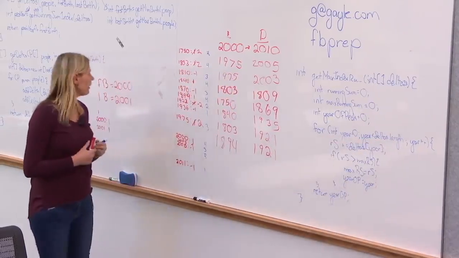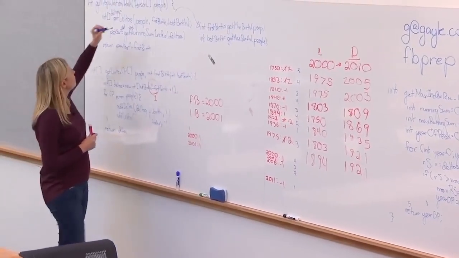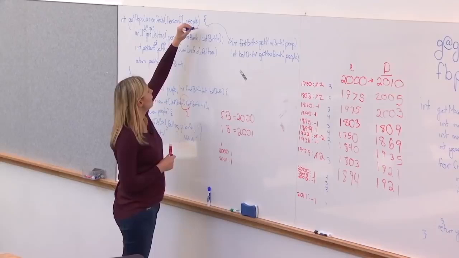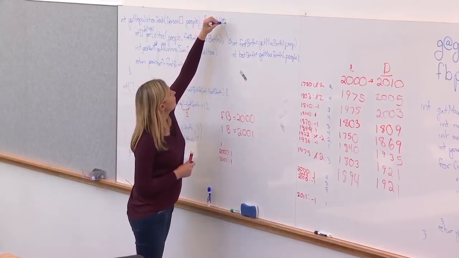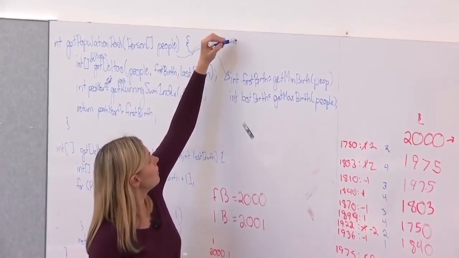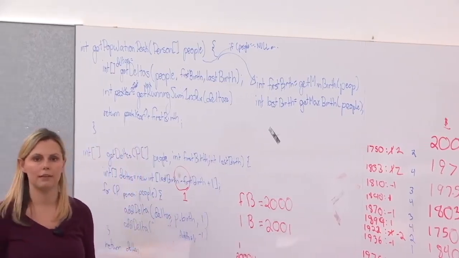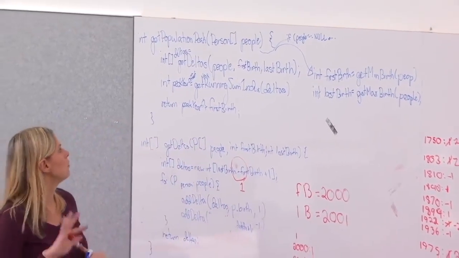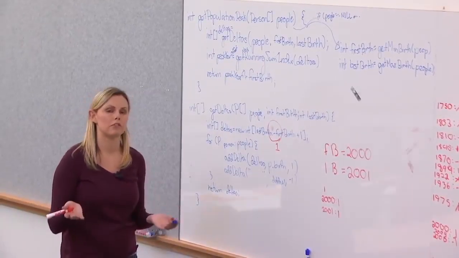We can do some work there to control for it, but we probably want to add something here that says, if people is null, or people has a length of 0, then return some error code. And this is where you might have a conversation with your interviewer about what's the right value here.